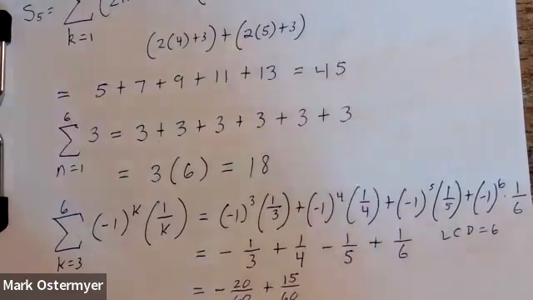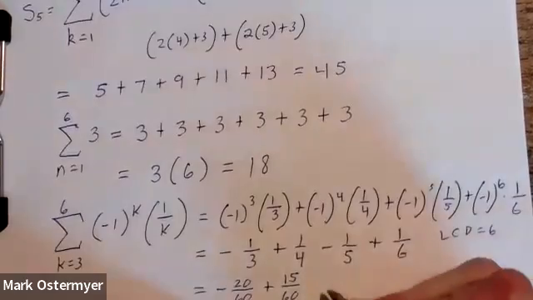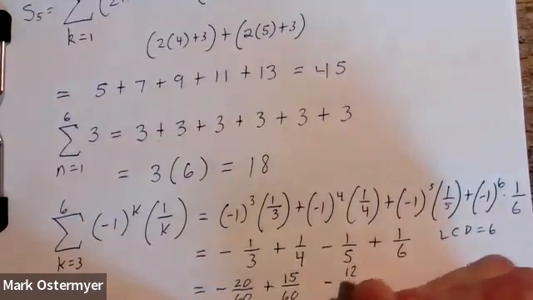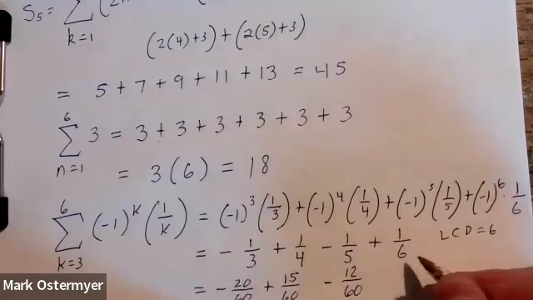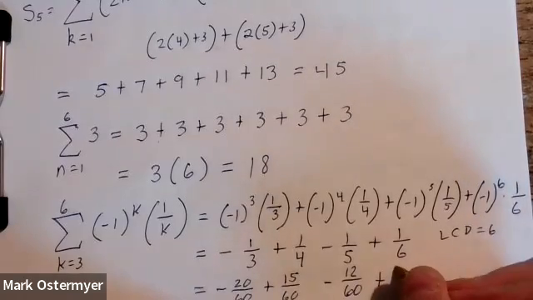This will be a minus sign here. So we got minus 12/60. Multiplying this by 10 over 10 to give us plus 10/60.